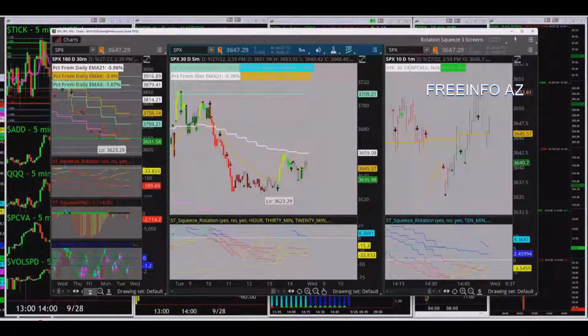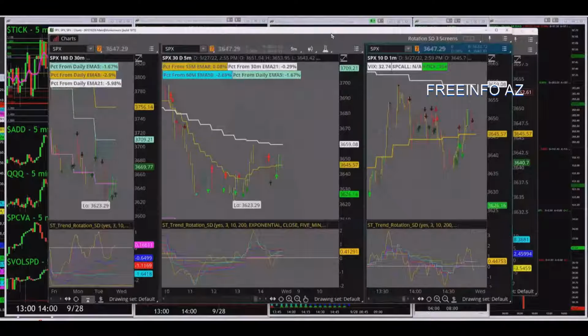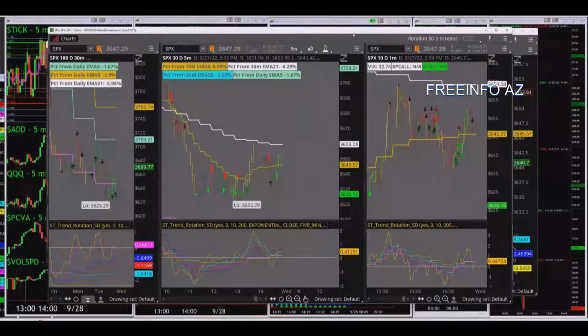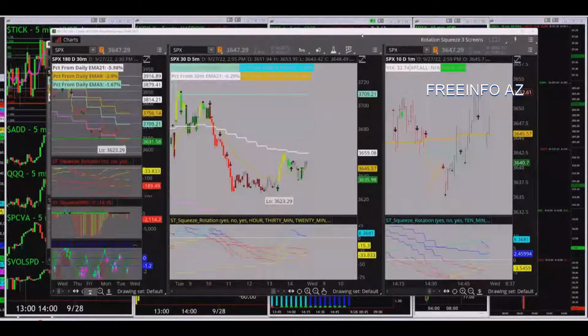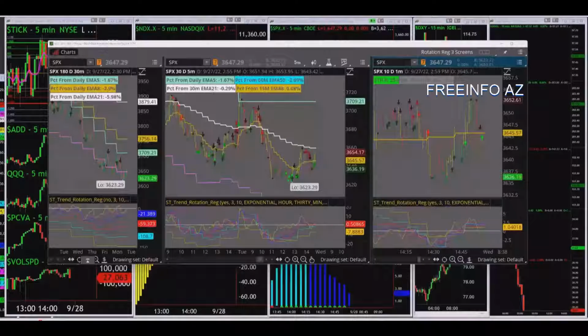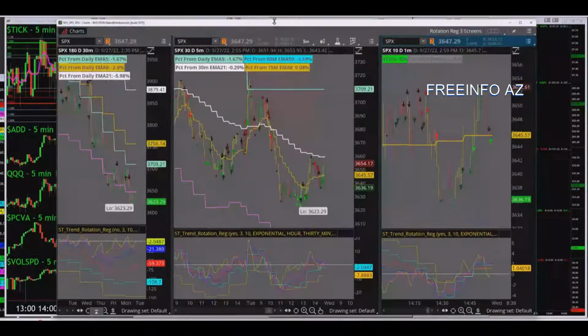And then this is the squeeze rotation. In addition, we've got the regular rotation and the rotation SD. What is the difference between those? I'll take some screenshots of this. The regular rotation, if you remember, is the faster one, kind of the MACD setting.